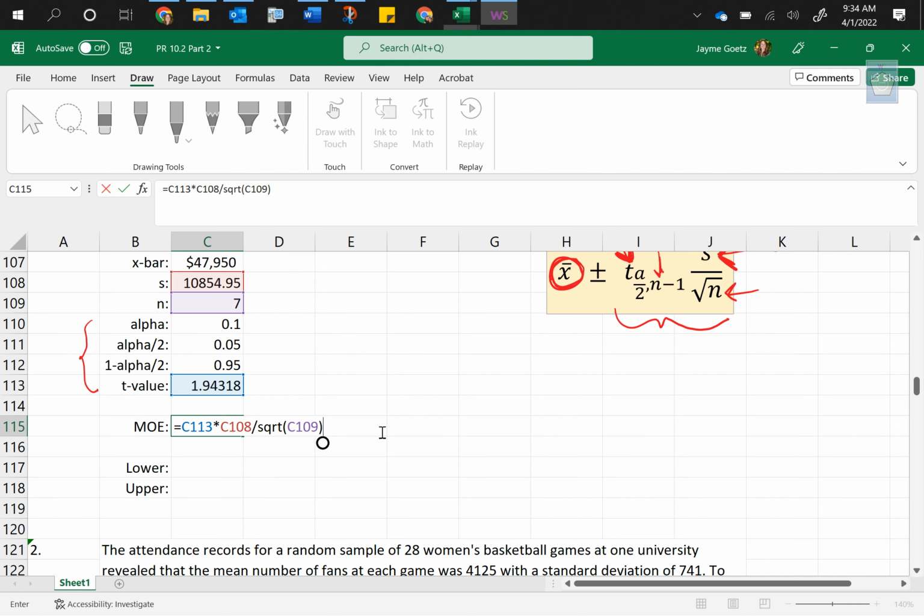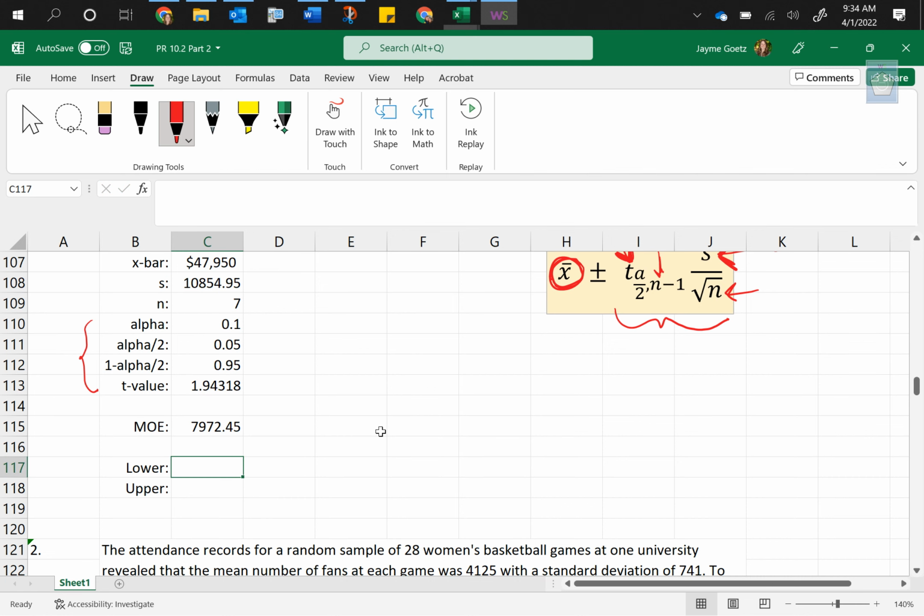Okay. Now that margin of error is what we're adding and subtracting to create our interval. So to get the lower and upper boundaries, to get the lower one, we're going to hit equals. And what are we adding and subtracting this margin of error to? Do you guys remember? That's going to be my x bar.